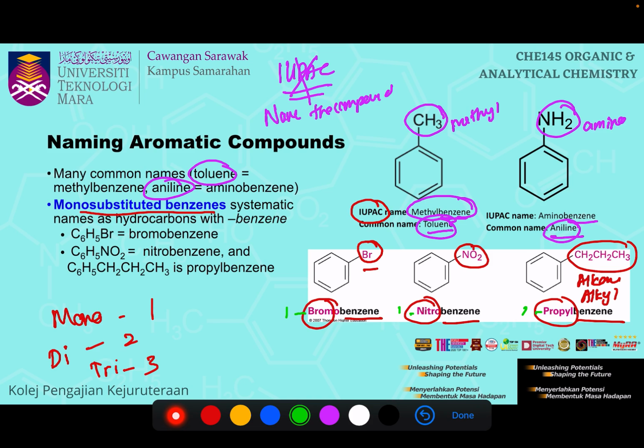Actually, you can put 1, or if you don't put it, it's still correct because it's only a monosubstituted benzene. There's only 1, so automatically the carbon with the substituent is carbon 1. It doesn't matter how you draw it, even if you draw it in the opposite direction, it will still be bromobenzene because only 1 substituent is present. So automatically this is carbon 1, whether clockwise or anti-clockwise.